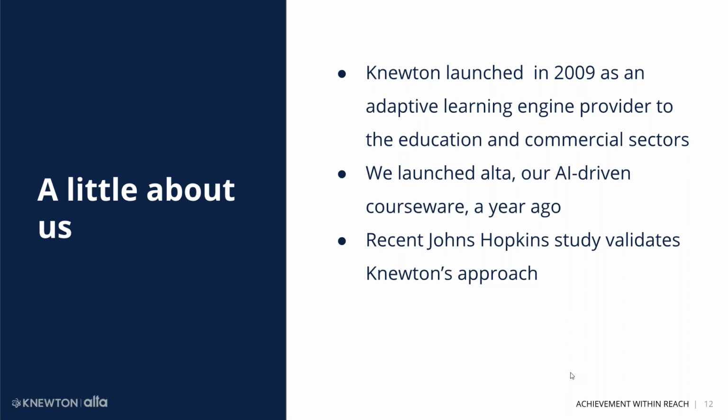So recently, Johns Hopkins has done a study on some data from a past semester to make sure that we were offering that high quality material that we wanted to. And the study confirms that all students, regardless of ability, can learn with Alta. And that is really our goal, right? We want to make sure that not just the advanced students can learn, but those struggling students can learn also. We'll talk more about that study in just a little bit.